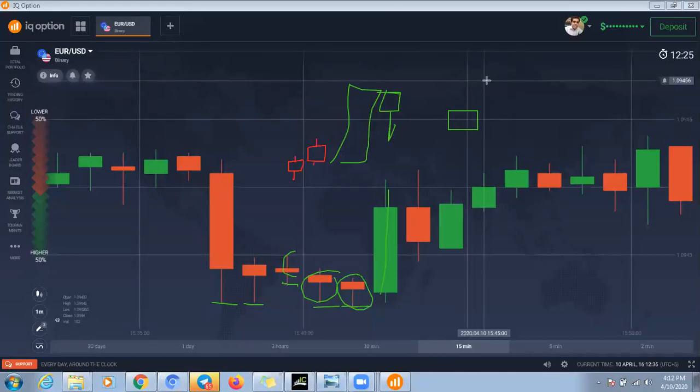If you find two weak candles, and you find one strong bearish candle like that, the next candle will go up. This is a pattern. Just as bullish engulfing is a pattern, this is also a pattern. What do we call this pattern?